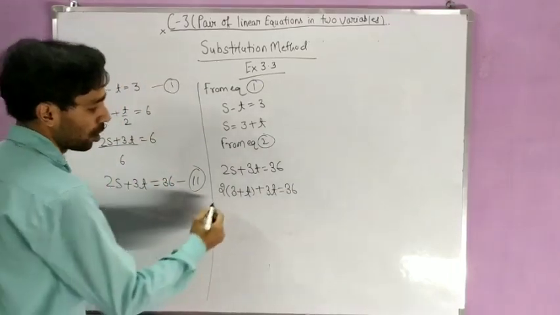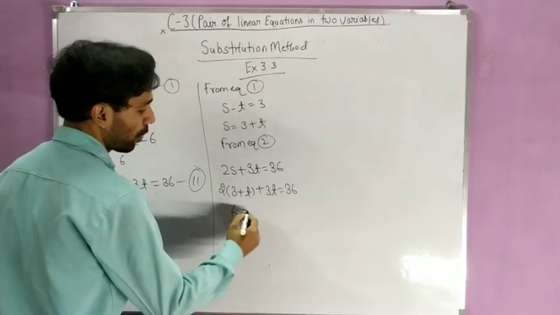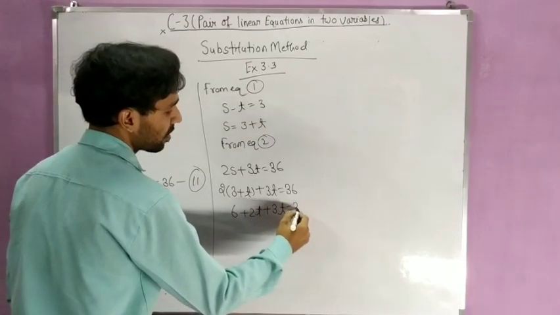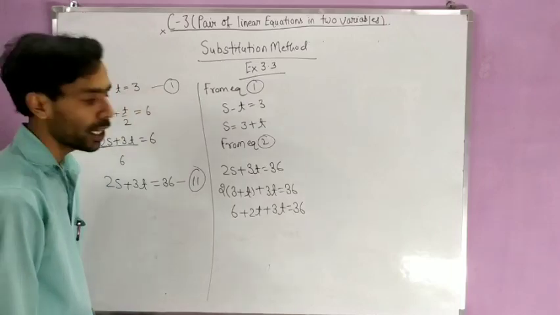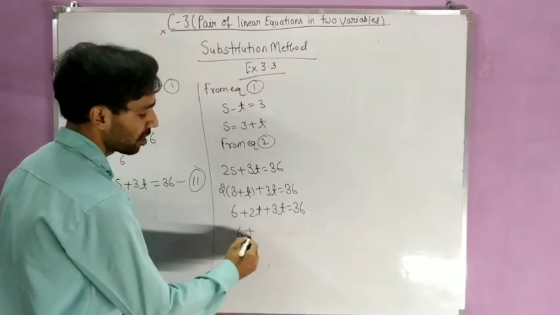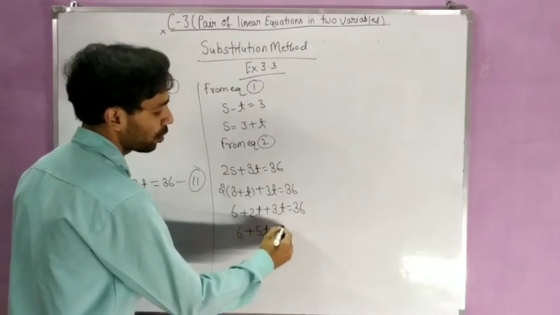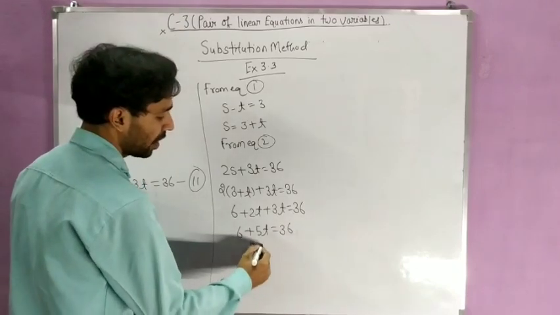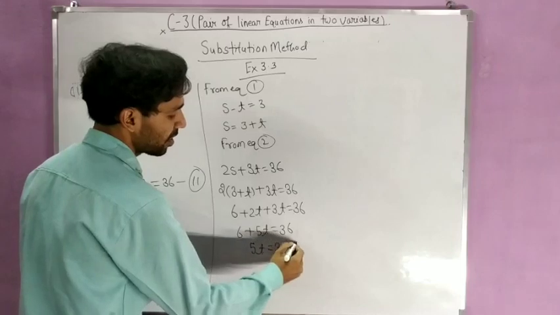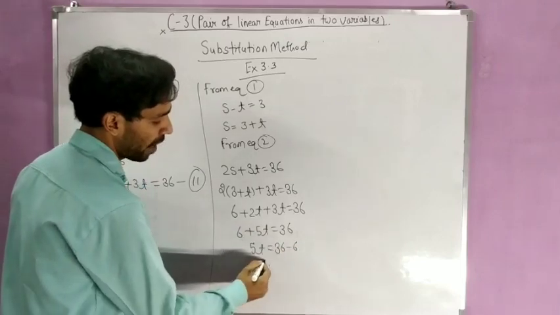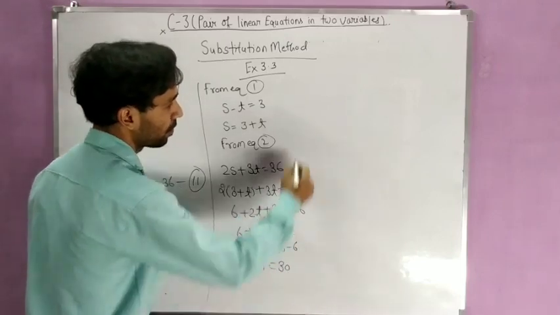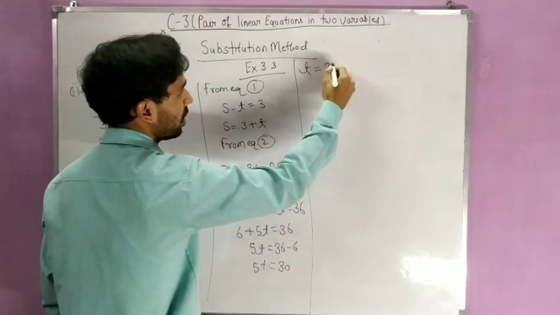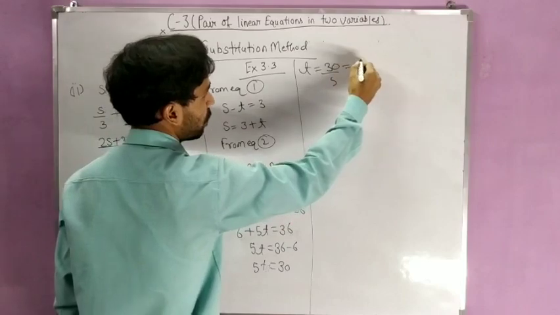Now 2 into 3 is 6, plus 2t plus 3t equal to 36. It becomes 6 plus 5t equal to 36. Now 5t equal to 36 minus 6, so 5t equal to 30. So t will be equal to 30 divided by 5, equal to 6.